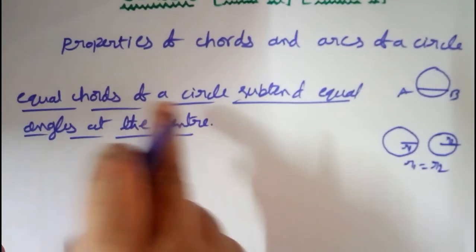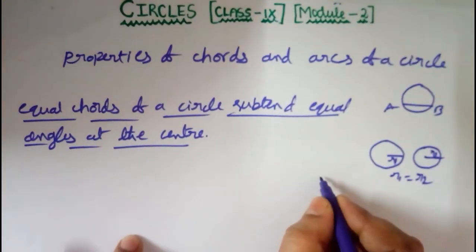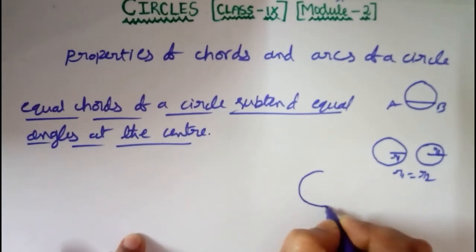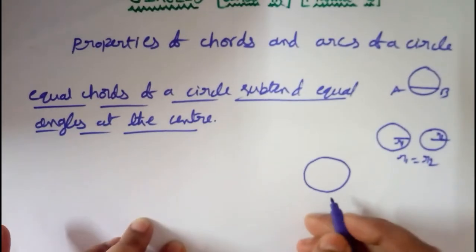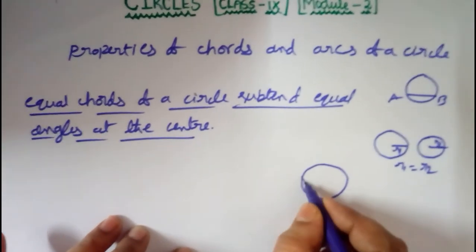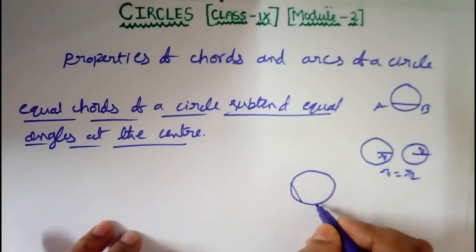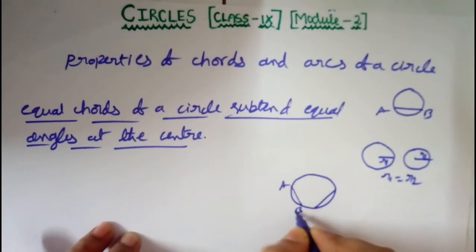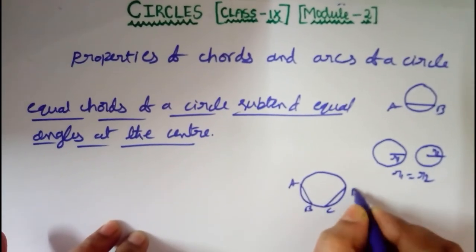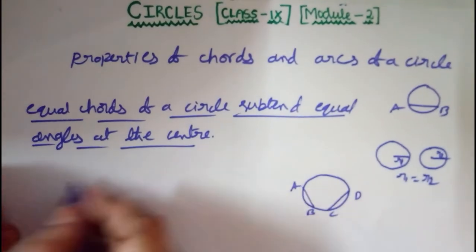Now equal chords of a circle. The two chords are in the same circle or in two congruent circles. You can give this proof. Chord AB is equal to chord CD. So what is given?